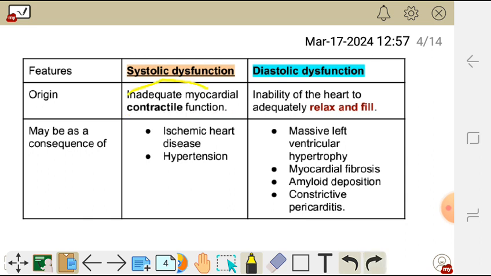Here the myocardium is failing to contract adequately, and that is what we call systolic dysfunction. Diastolic dysfunction is the inability of the heart to adequately relax and fill.